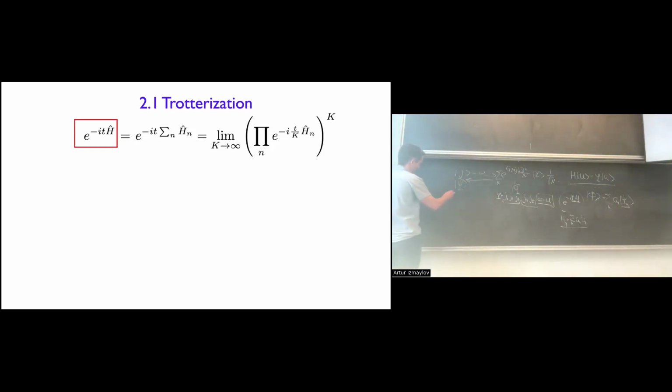As we already discussed today, if you have A plus B multiplied by T, then you can always present it as an exponent of AT, an exponent of BT, and an exponent of a series of commutators of A and B. I believe this is called the Zassenhaus formula.